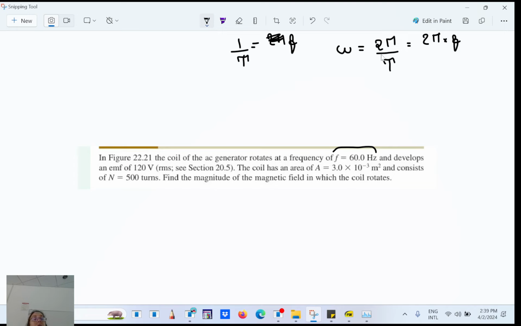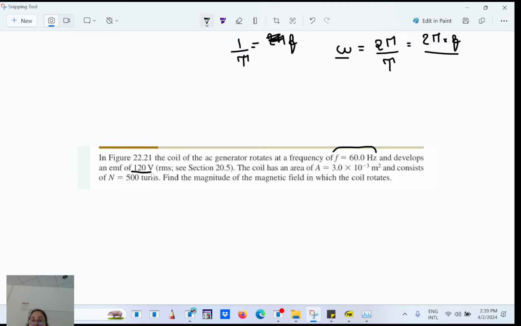So omega has to be in rad per second. So how many revolutions per second? The revolution has to be in 2 pi. Do you understand that? So it's like a speed. It's going to be the number of revolutions in radians divided by the time elapsed. So you have this equation there.